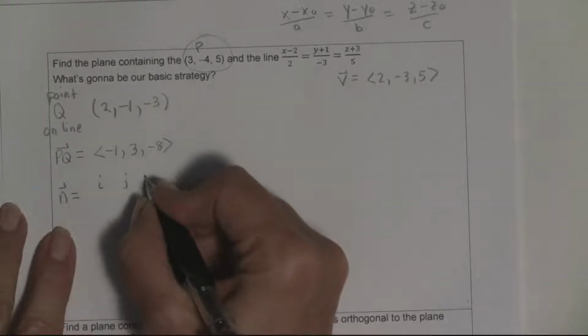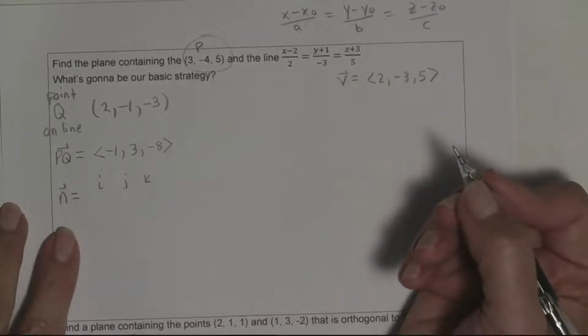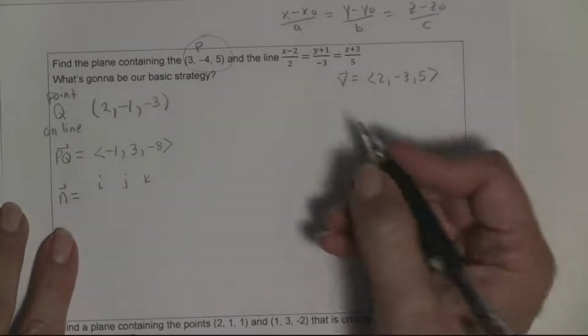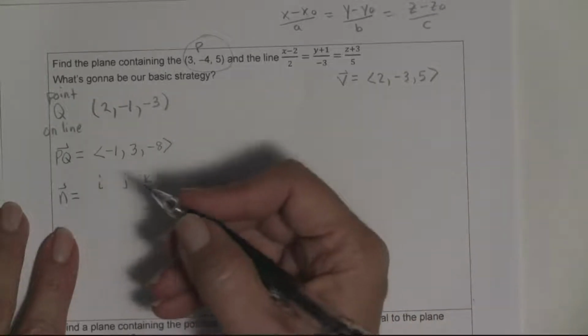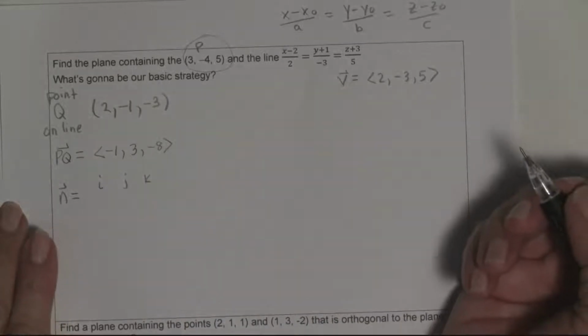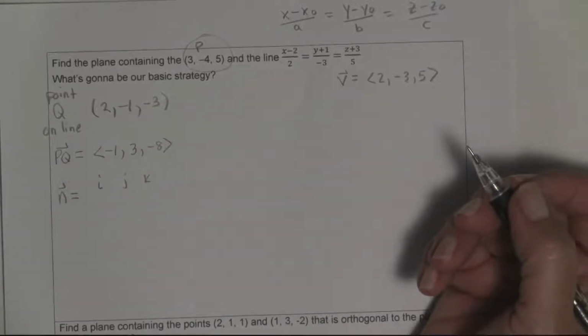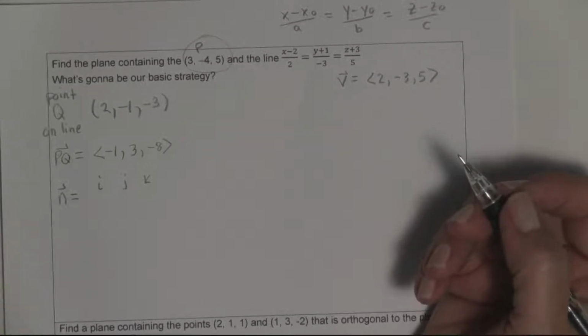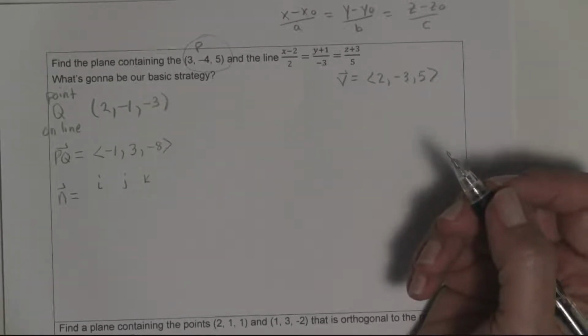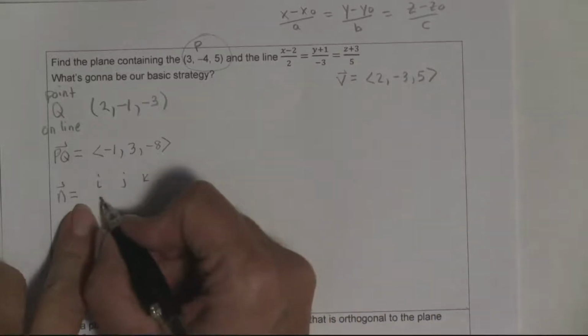I, J, K, and it doesn't matter if you do V cross PQ or PQ cross V, it doesn't matter. So I'm just going to put V on top here.